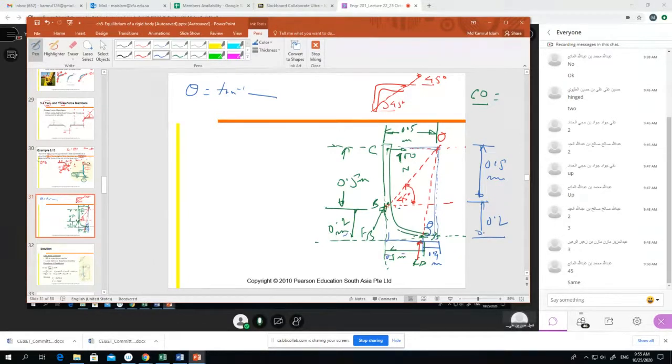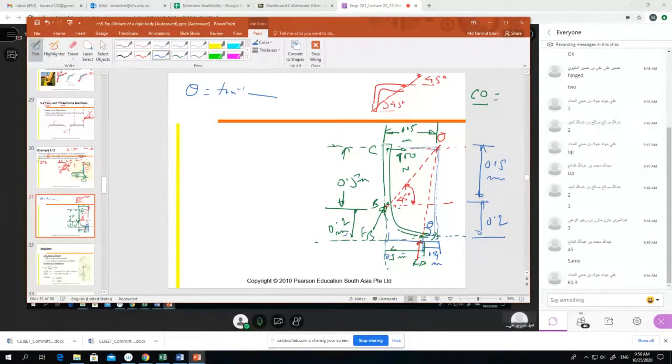So what is the theta angle? 60.3. Yes, the result is correct. You will get 60.3. The angle theta is 60.3. Fine.